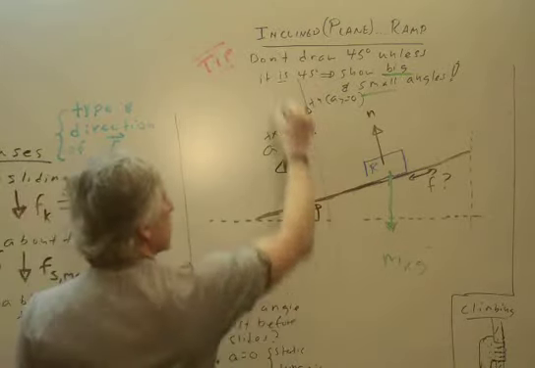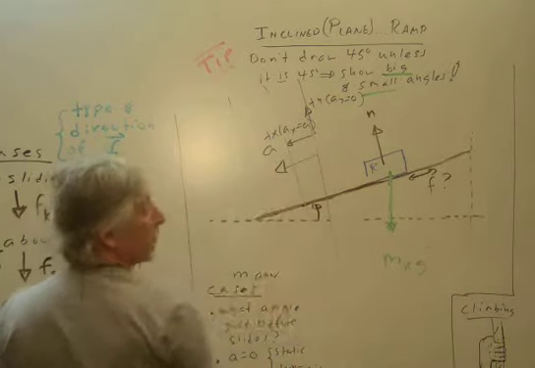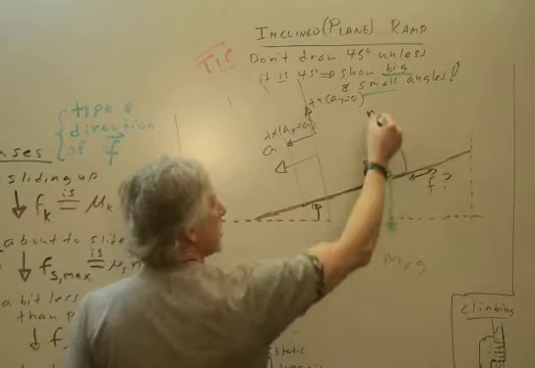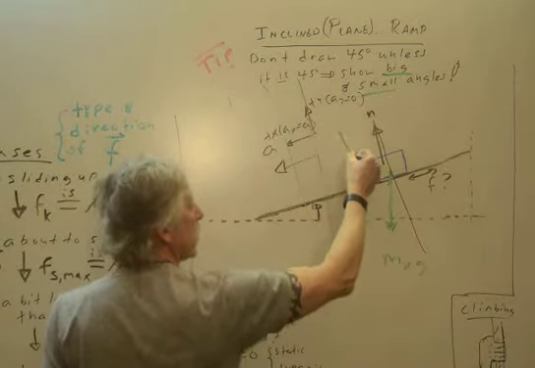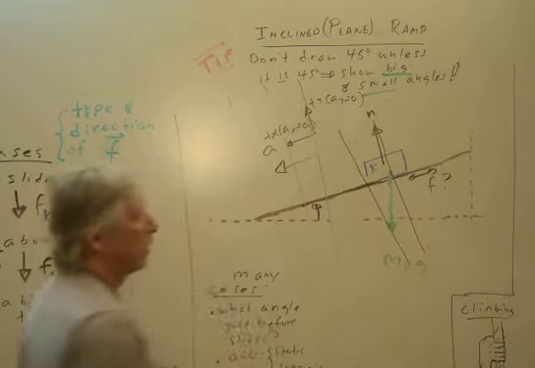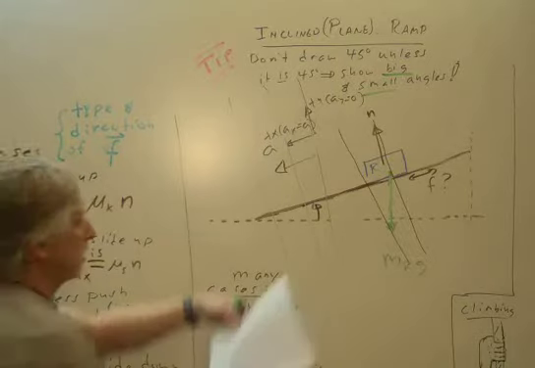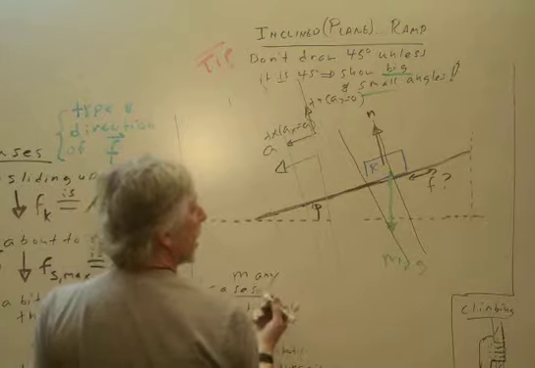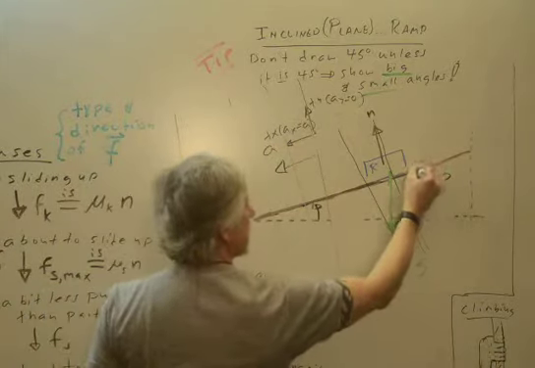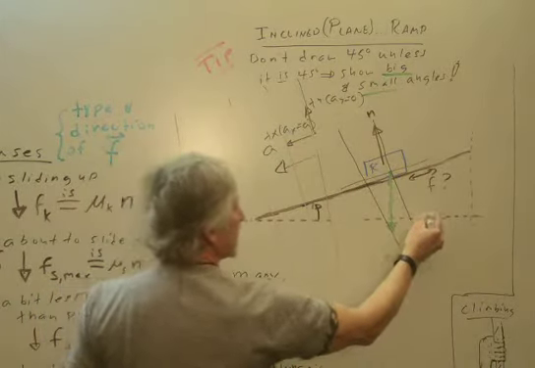Lines parallel to y through the tail and the tip. Kind of like that. And they don't have to be beautiful. Lines parallel to x through the tail and the tip.